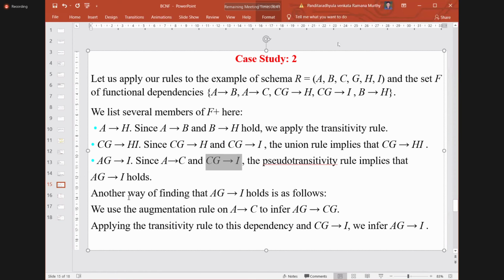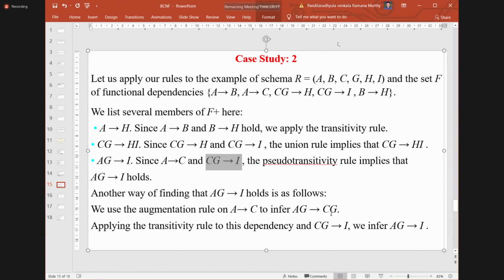We can also find AG derives I in another way from the above functional dependencies. We can use the augmentation rule. From A derives C, if you add G, it becomes the augmentation rule. The same value can be added to both the left hand side and the right hand side.